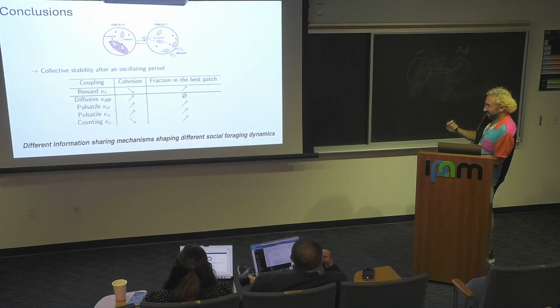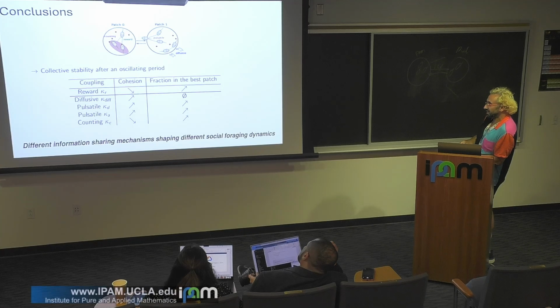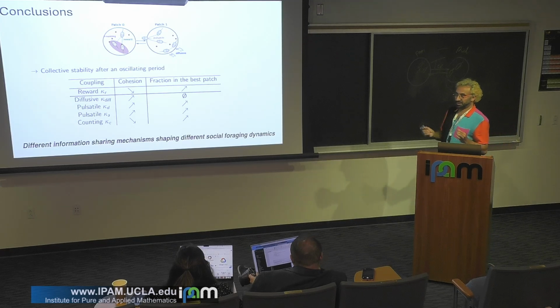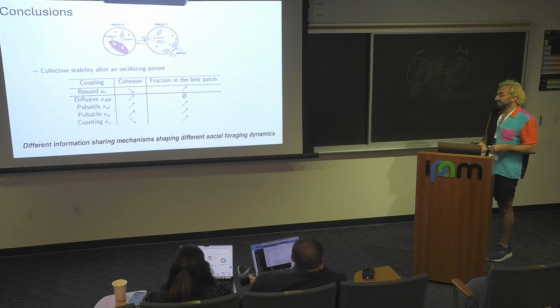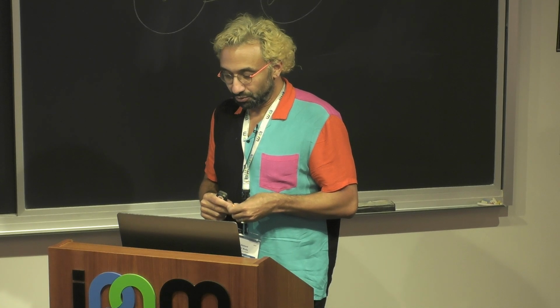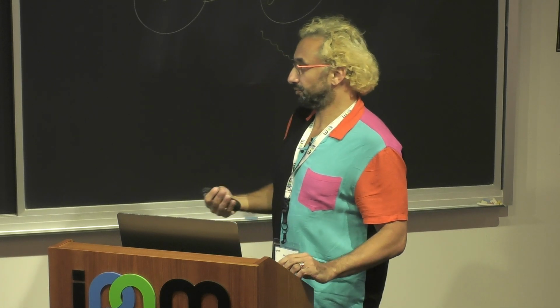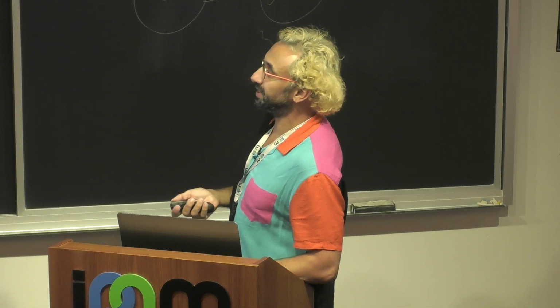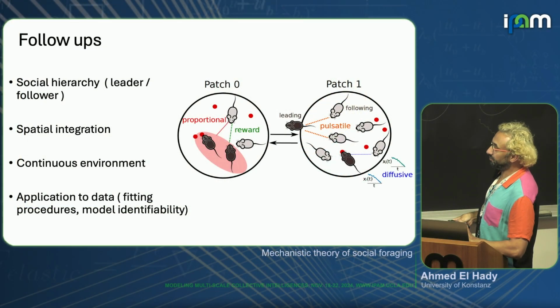Because there is something I didn't tell you in the beginning. I said it, but first, it's an egalitarian structure, so all individuals are the same. And the second is cooperative couplings. And this will lay the foundation for the next phase of the work, which will take into account what happens if I have social hierarchy.